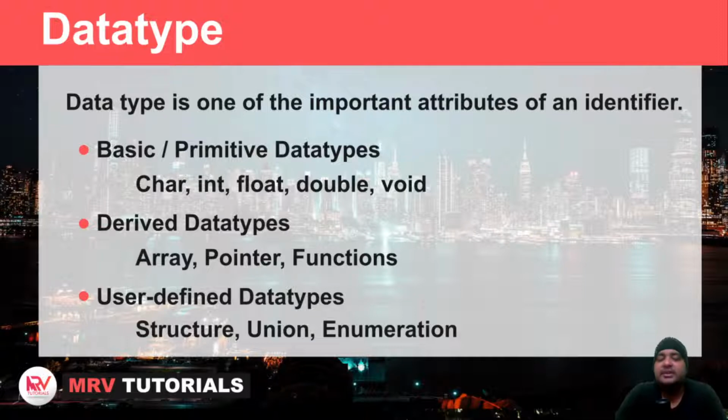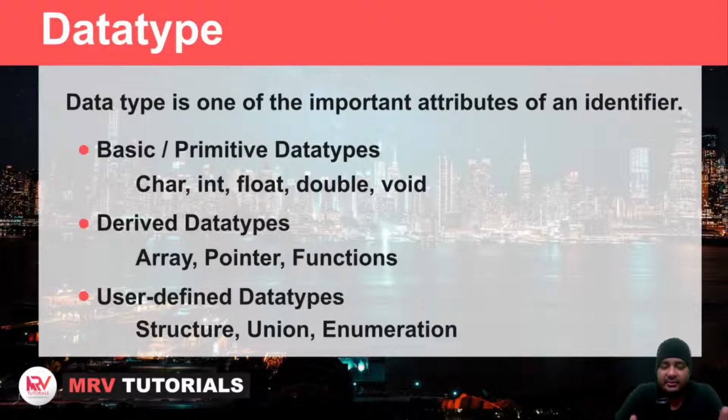Whenever I accompany it with a variable or a constant, it indicates that the data being stored inside that variable or constant is going to be a certain kind of data, right? Similarly, if I accompany it with a function, it mentions that you are going to return a particular value, and that return value is going to be this kind of data, right?